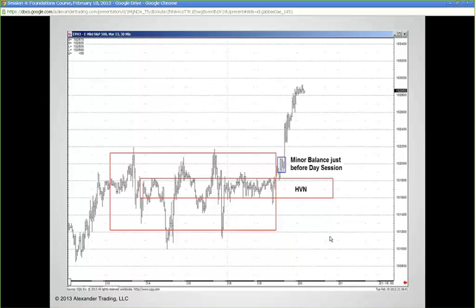Now let me ask you this, and try not to be influenced by the fact that the thing traded all the way up here. But let me explain what happens to most traders. Let's take a hypothetical trader that doesn't know what he's doing, and for some reason he goes long, and he's rewarded and gets this wide range bar right at the opening, and oh my gosh, he's got 4 handles of profit.